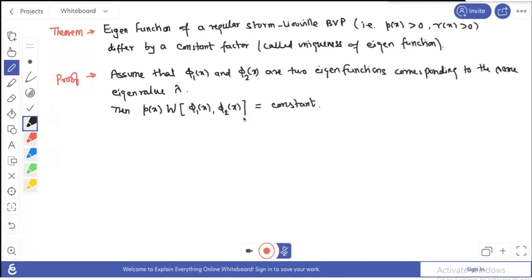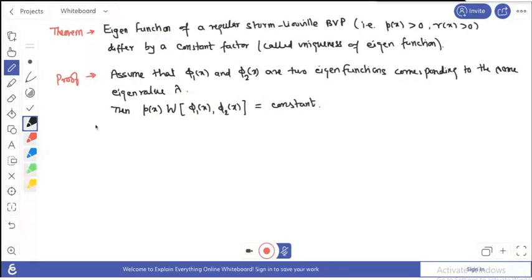Here you have to prove that phi1 and phi2 are linearly dependent. This means phi1 is a scalar multiple of phi2, or you can say they differ by a constant.